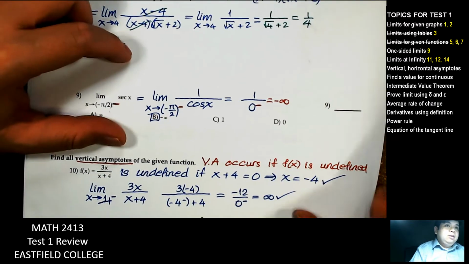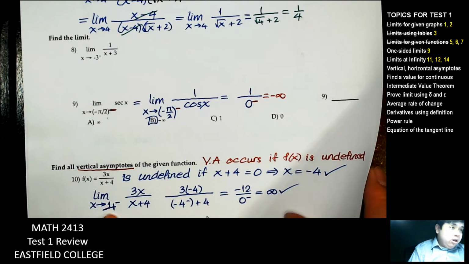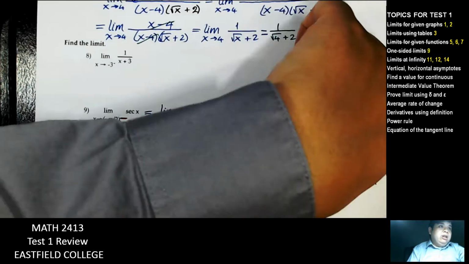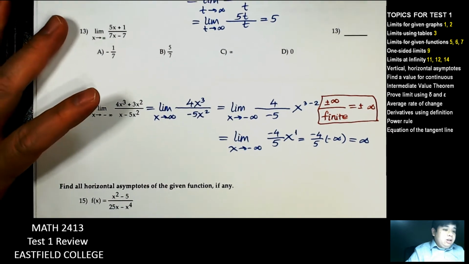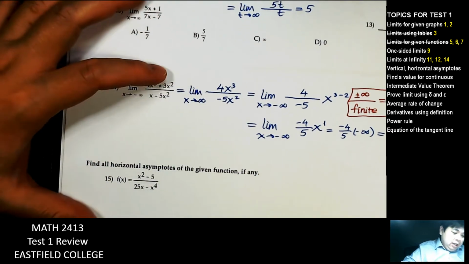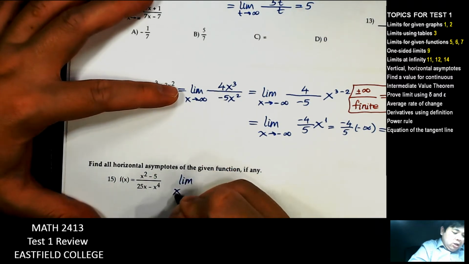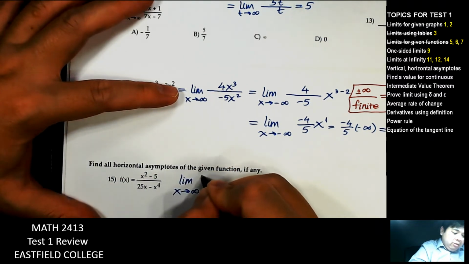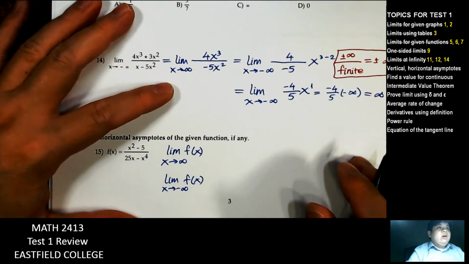Now for the vertical asymptote, x goes to a constant and the function goes to infinity. For the horizontal asymptote, it will be completely different. All we need to do is find the limit when x goes to infinity of the function, or where x goes to negative infinity of the function.